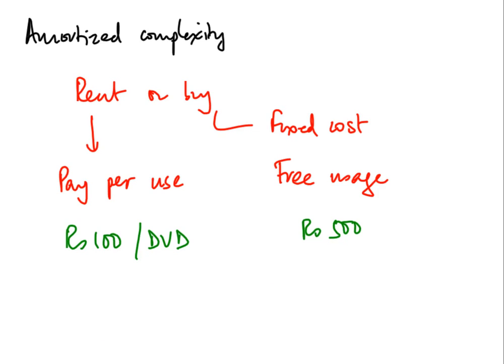Now in our context, it arises typically in data structures. Data structures are objects in which you store data with some properties. For example, you might want to maintain a sorted array of numbers. When you add things to it, you have to keep the array sorted. So there is a certain cost you pay, but if you're also going to be searching for things in it, you can do binary search, and that cost will be recovered.